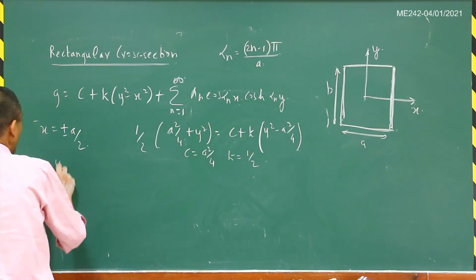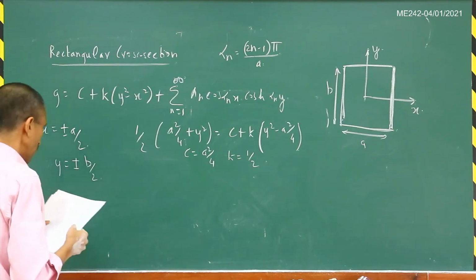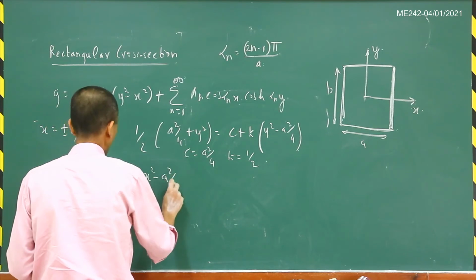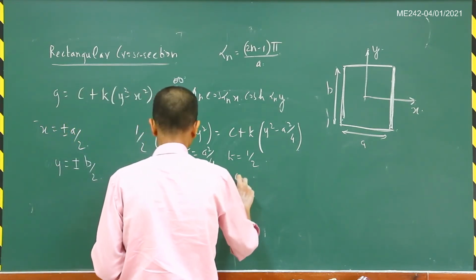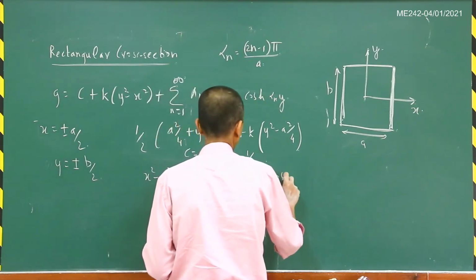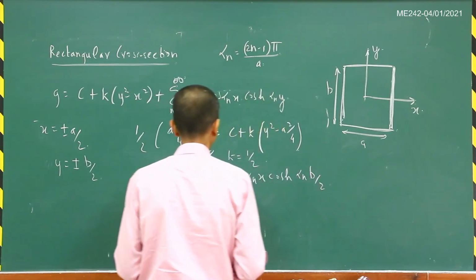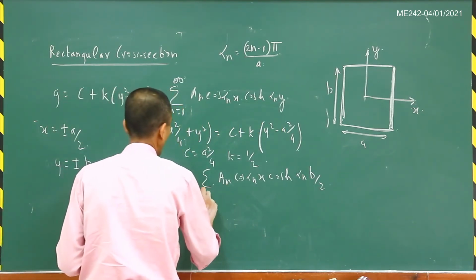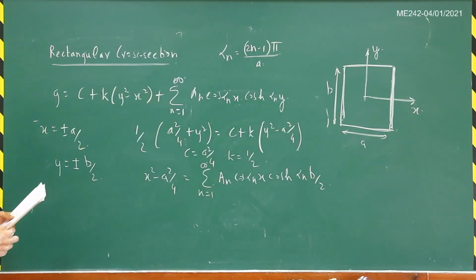So on the other edge, that is y equal to plus minus b by 2, you will get that x square minus a square by 4 is equal to summation of a n times cos of alpha n x times cos hyperbolic of alpha n b by 2. Okay. And now we need to find out what these constants a n are. So this is running from n is equal to 1 to infinity here.